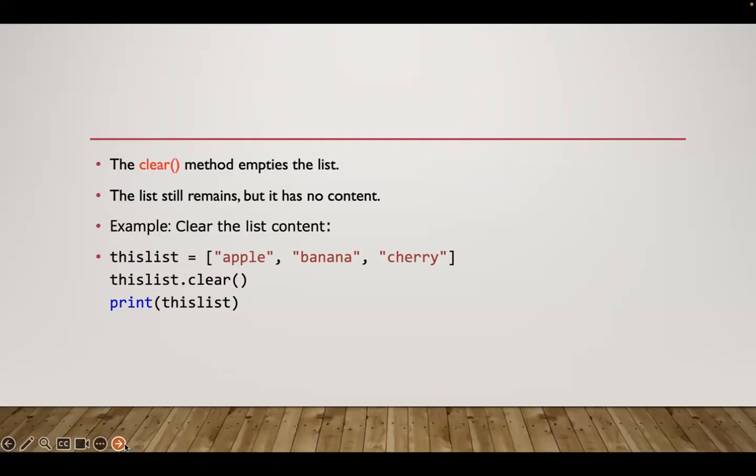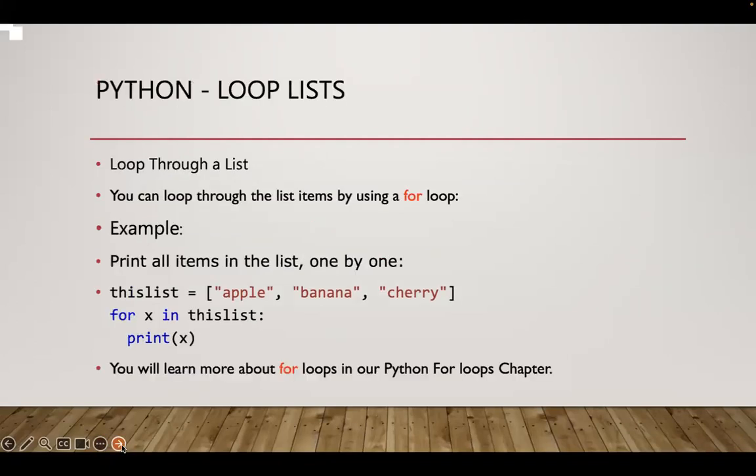It's going to render the list empty, and you're going to have to input some other things into it. When you print the list, you're going to have only the square brackets. Before we move on to loops, I want us to understand all of these points very, very well.